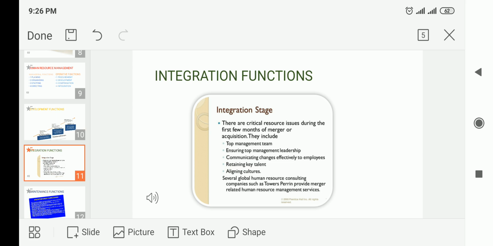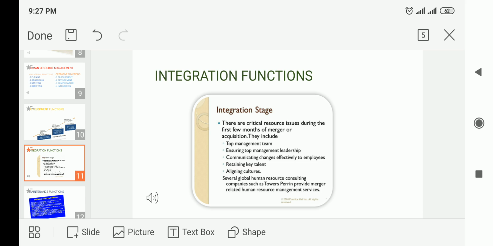Now there are critical resource issues during the first few months of a merger or acquisition. They include the problems which arise when you are acquiring things through a merger or acquisition. Top management team: ensuring top management leadership, and communicating changes.